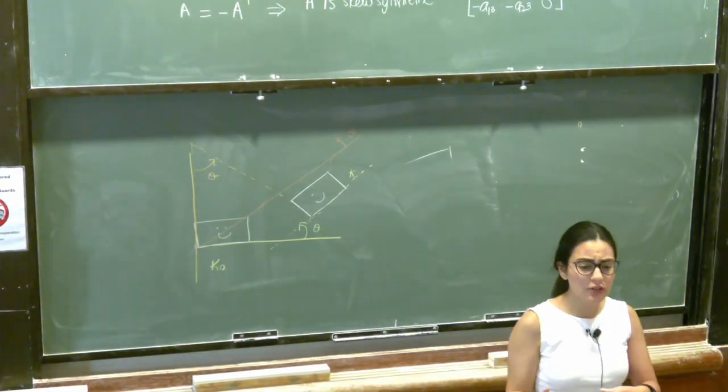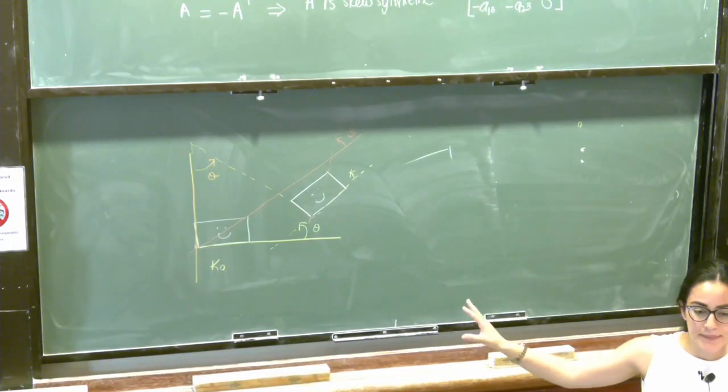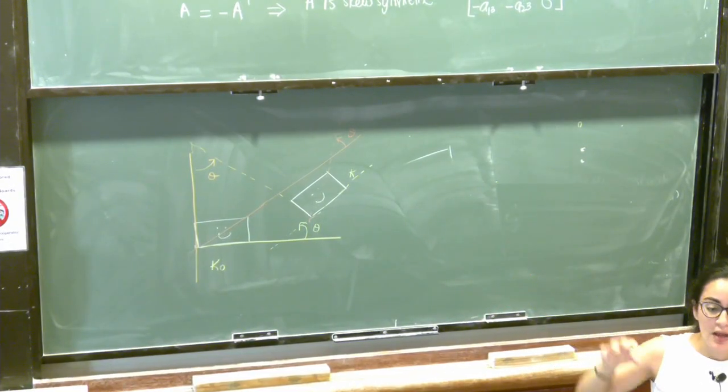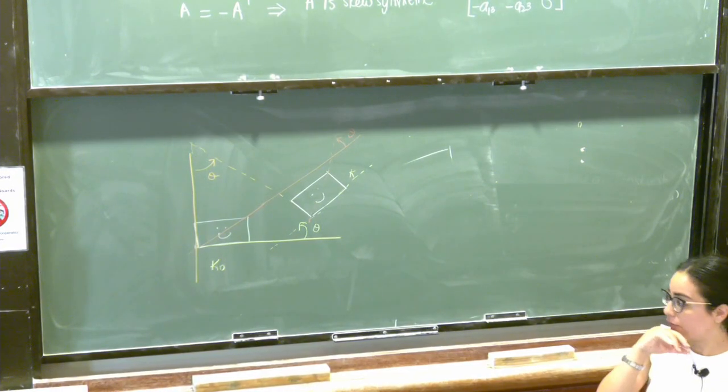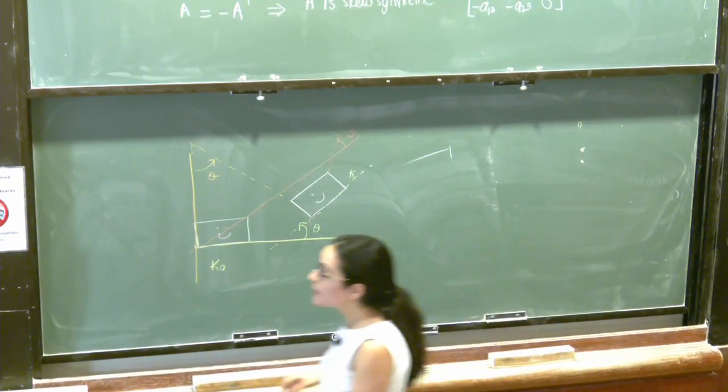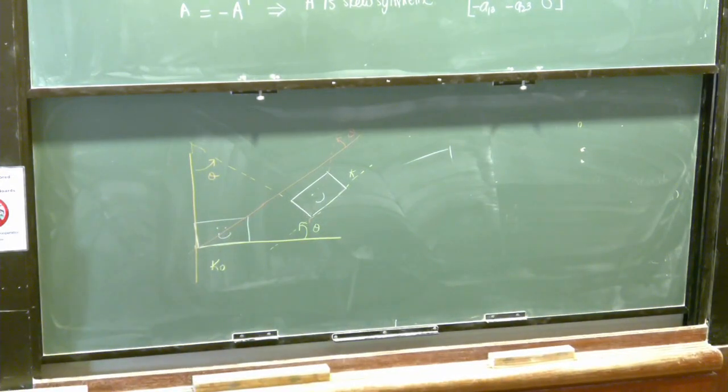So the rotation angle, and this is a very simple 2D depiction, is a property of the rigid body. It's not a property of each individual material line having a different rotation angle. And the same for the angular velocity of the body. The angular velocity of the body is a property of the rigid body. Does that make sense? Yeah?